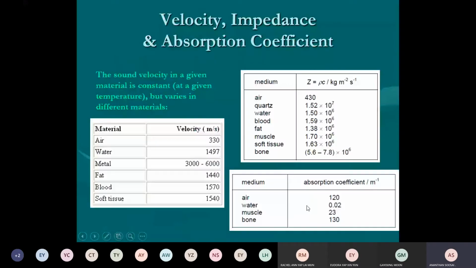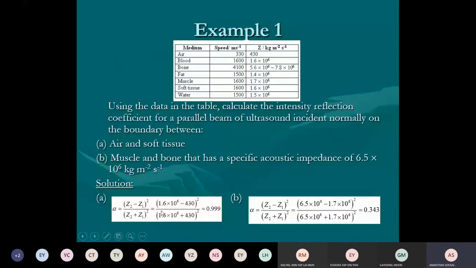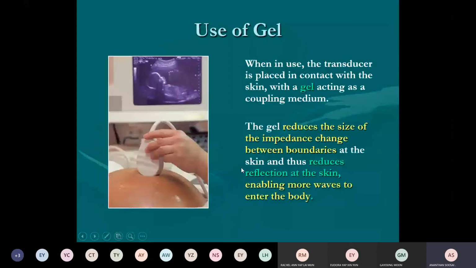If Z2 and Z1 are about the same, the majority will be transmitted. If the difference between Z2 and Z1 is very big, the majority will be reflected. For part A, the difference is very big, so 99.9% will be reflected. This is all we did yesterday. A coupling medium is used so that the majority is transmitted.